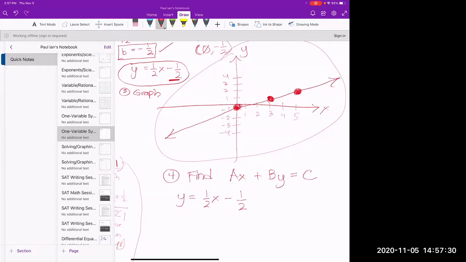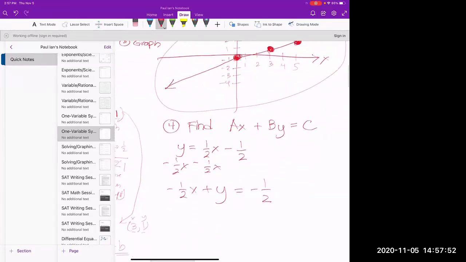It's kind of like what we've been doing, manipulating equations. How do you get x to the left side? Make it a negative. So you subtract 1/2 x from both sides, right? Yeah. So minus 1/2 x plus y equals minus 1/2, right? Yeah. And then what's the rule? No fractions, right?